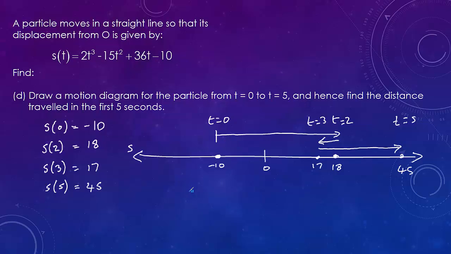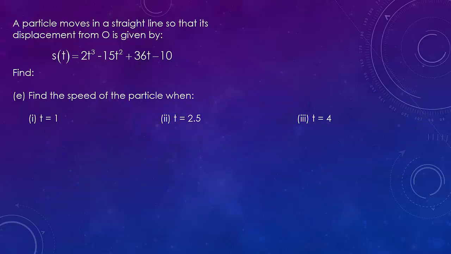So the total distance travelled is going to be 28 going from there to there, then 1 going backwards, and then 28 going from the 17 to 45. So 28 and 28 is 56, and 1 is 57. So the total distance travelled is 57 meters.